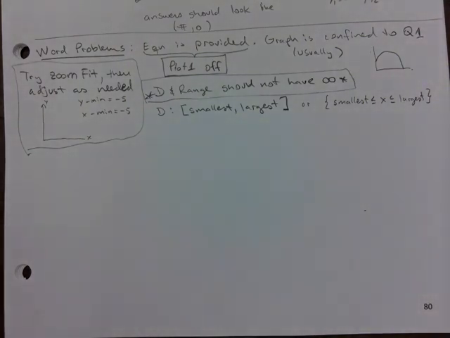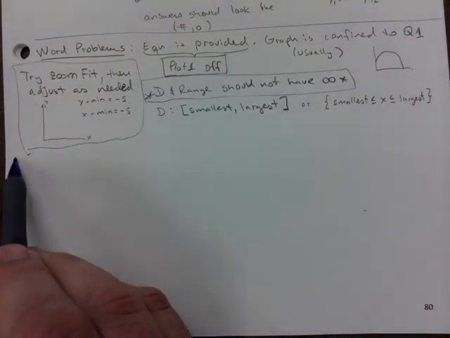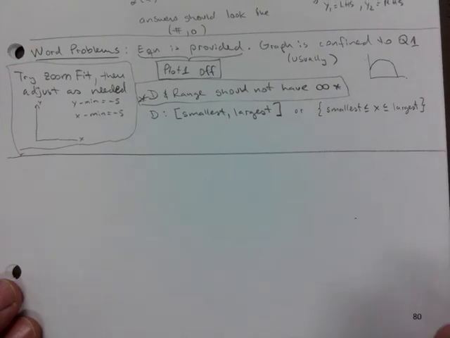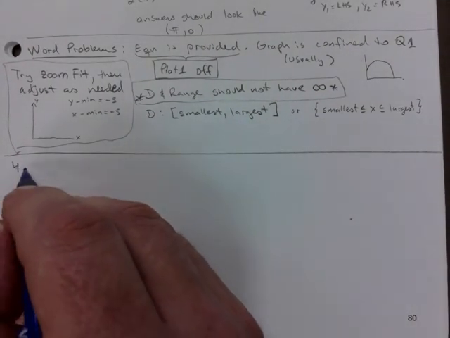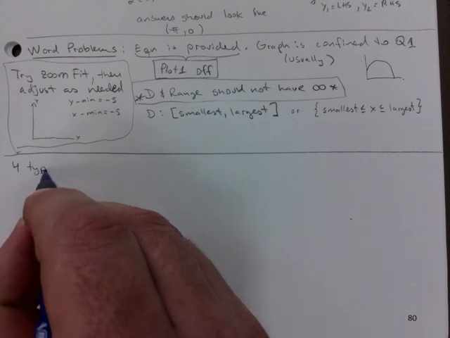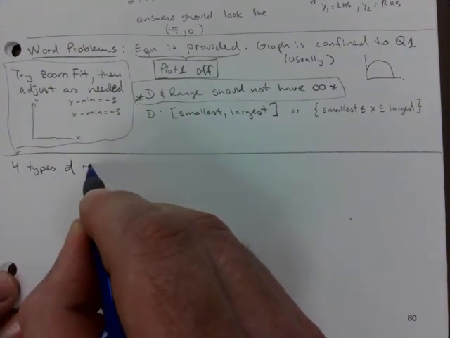Regressions. I think we've got that. It still falls under word problems, but I just wanted to re-emphasize the 4 types of regressions.